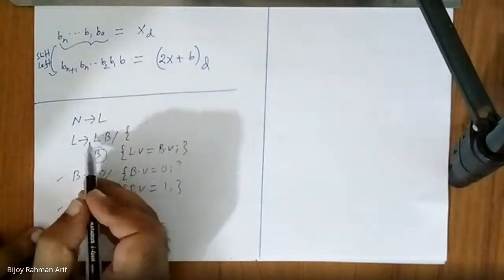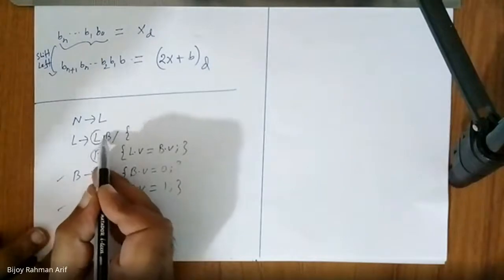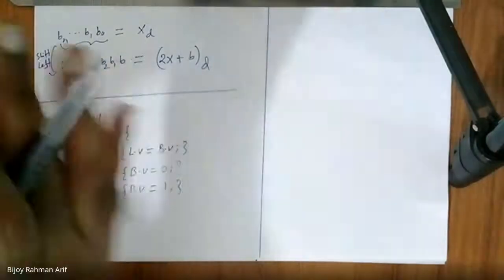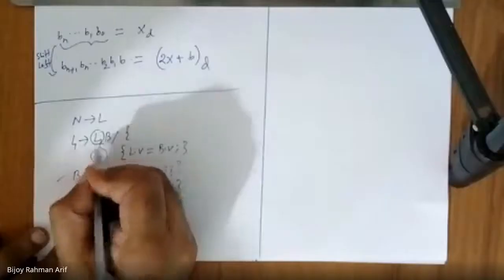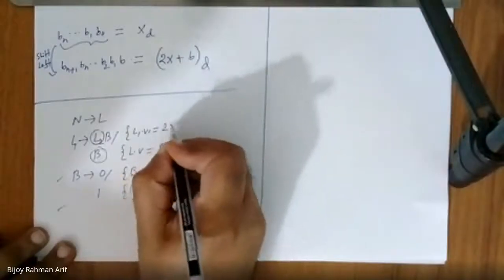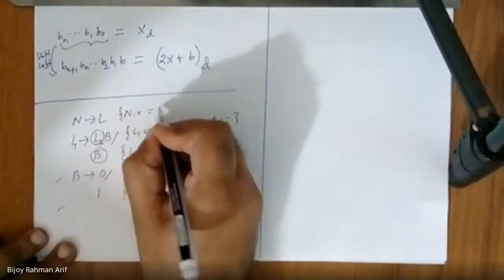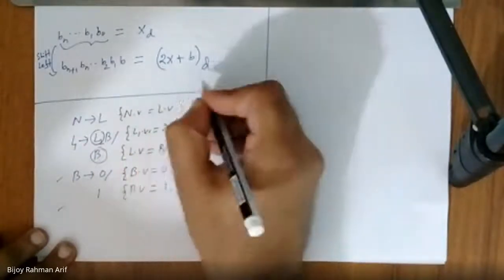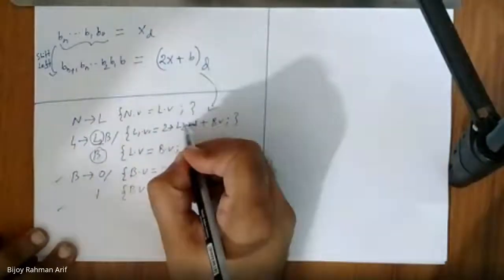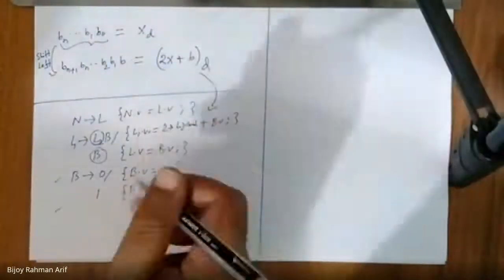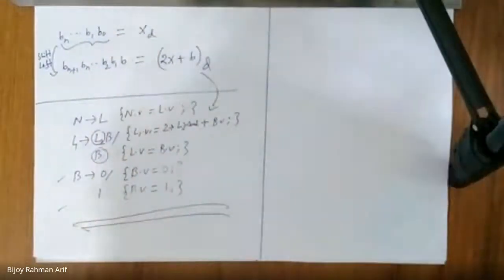So if I know the value of the list, and we just add another bit on the right side, then what would be L1.val? L1.val is now nothing but 2 star L2.val plus B.val. Yes. So this is the rule, and it is very simple. So using this formula, it is very simple.